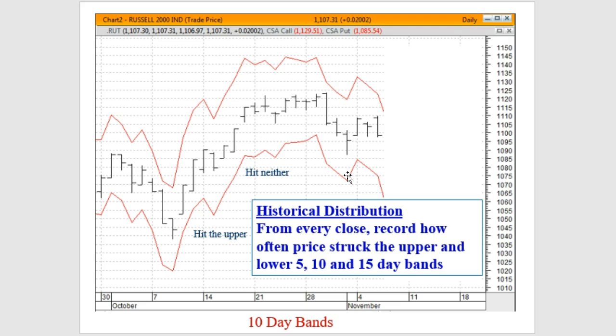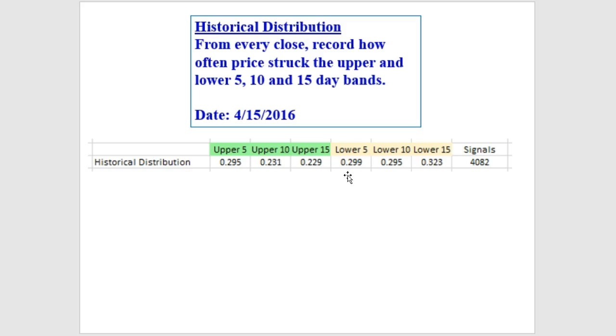For every close, we're going to record how often price struck the upper and the lower 5, 10, and 15-day bands. Then we get a complete readout of the general distribution of price in terms of how far it moved in either direction. And here is what we have.